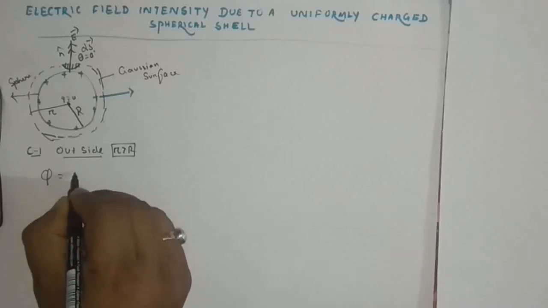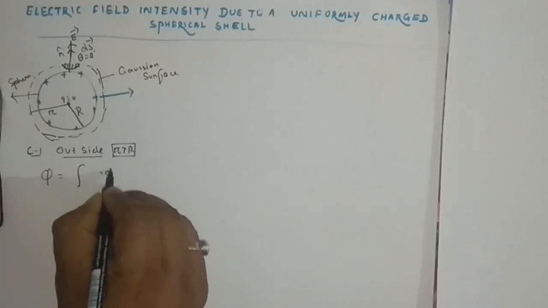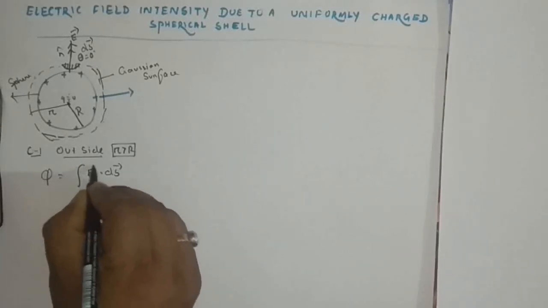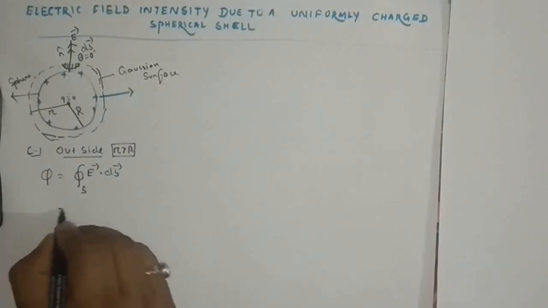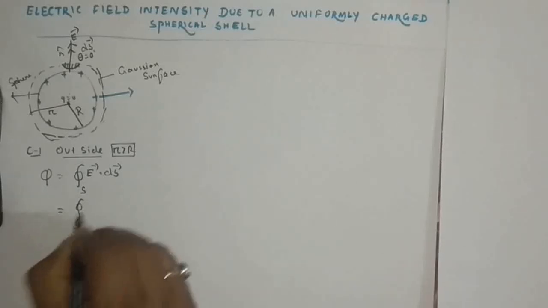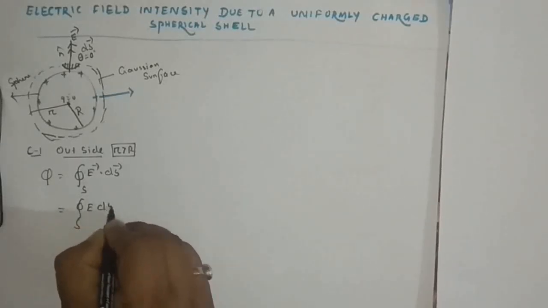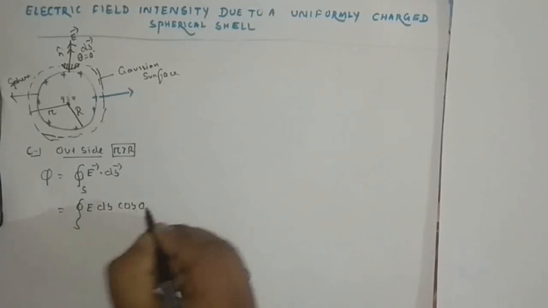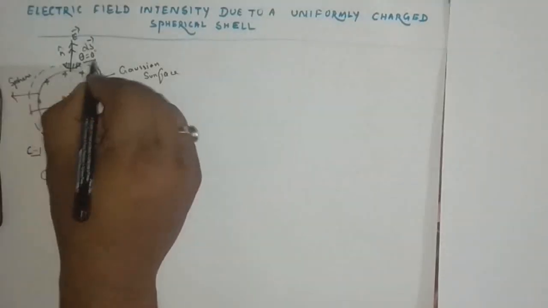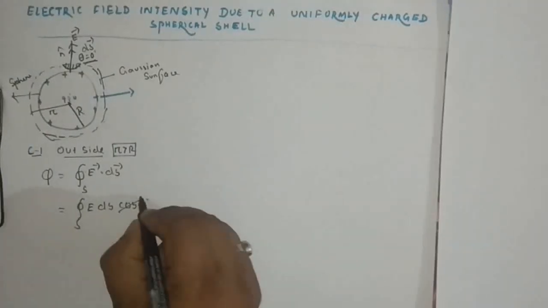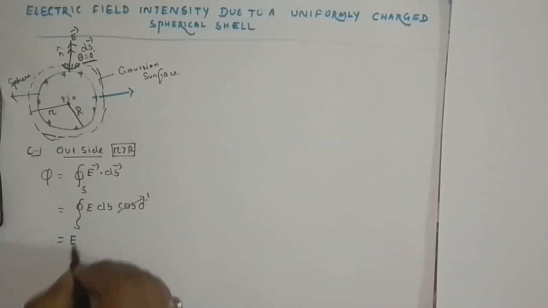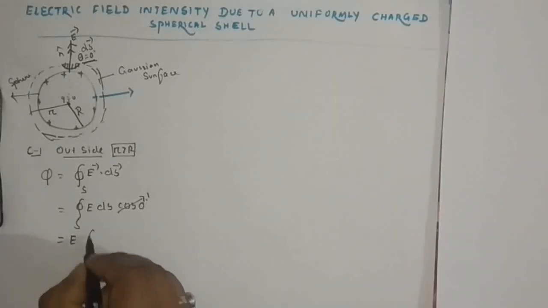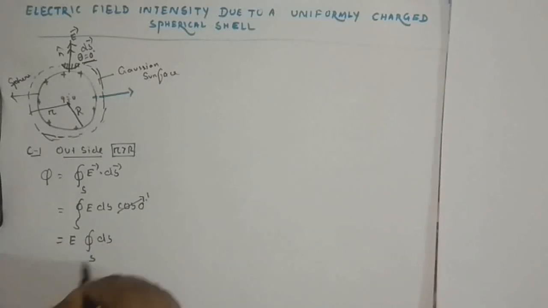What is flux? Surface integral of the electric field around a closed surface, E dot ds, that is nothing but E ds cos theta. For this case, theta is 0 degree, cos 0 is 1, and E is constant.